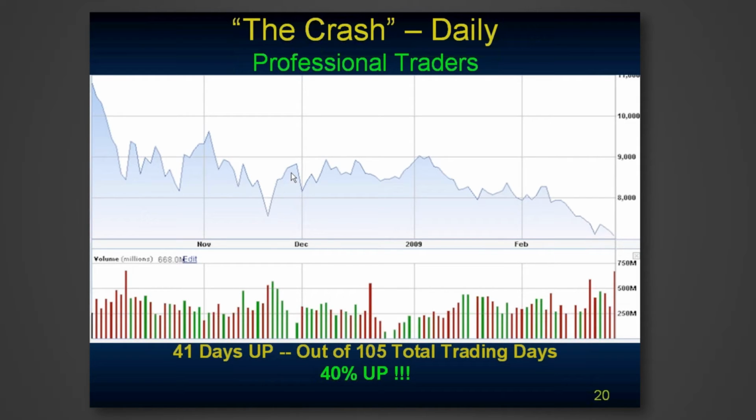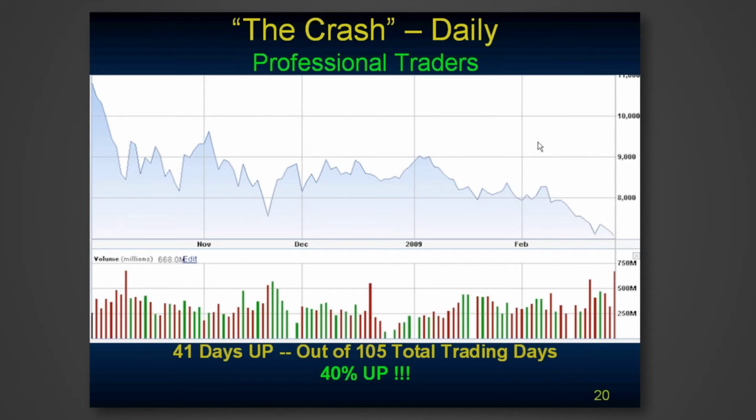So the point is that even in a terrible situation like the crash, if you take a daily perspective on the market, if you engage daily, if you're always in there ready to pounce on opportunities, the opportunities are there and you can take them. And we all know that professional traders' bonuses didn't really suffer all that much the year after the crash. There were a lot of headlines about that, and people were scratching their heads.